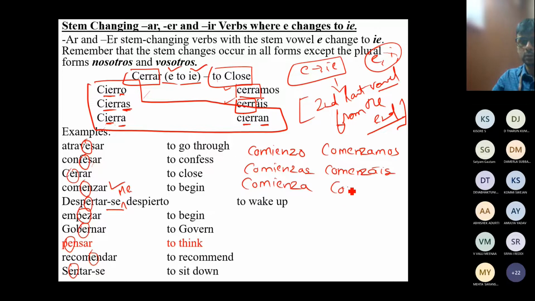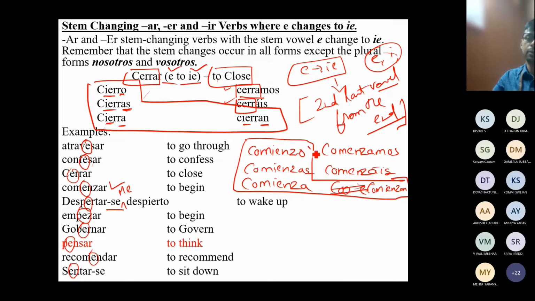Comenzáis. Okay, it will be comienzan. So if you see here, this is again following the boot rule. Okay, so similarly other verbs will be done in the same way.